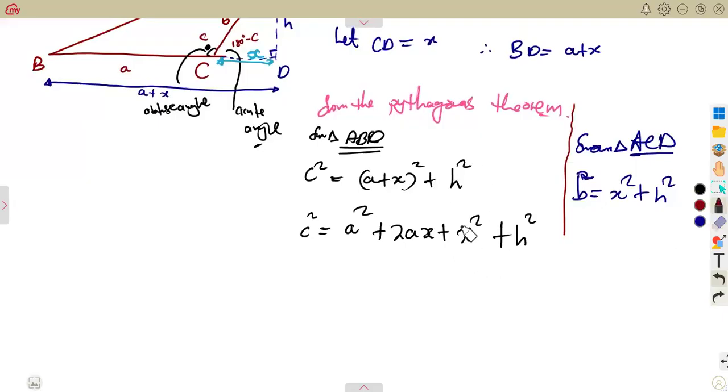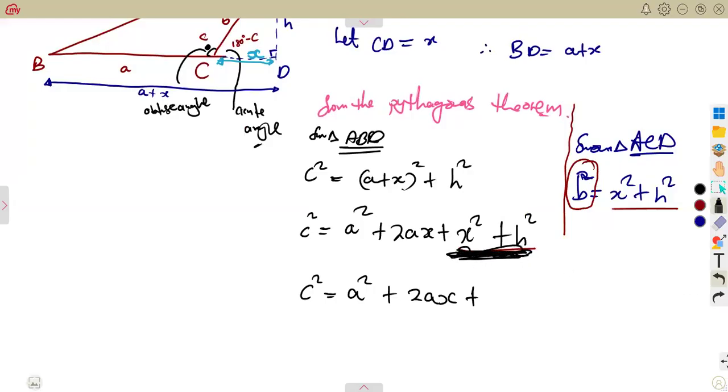Just like the previous case, we can see there is something common, X squared plus H squared, from the triangle ADC that we calculated. So since it is equal, let us substitute with what is equivalent to that. So C squared is equal to A squared plus 2AX plus X squared plus H squared.